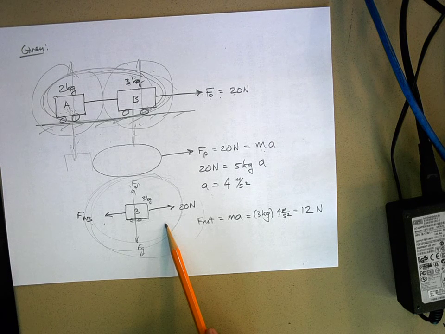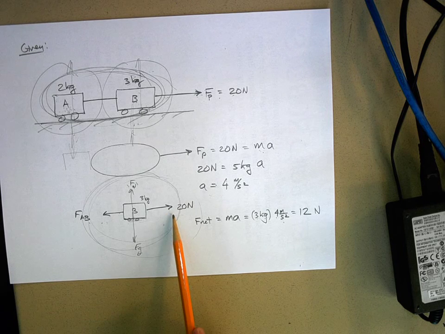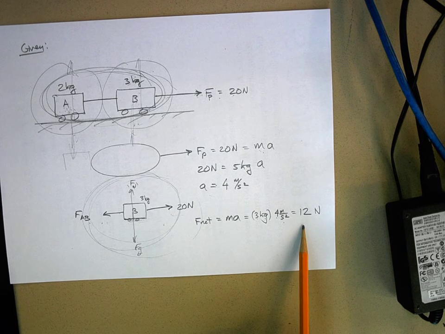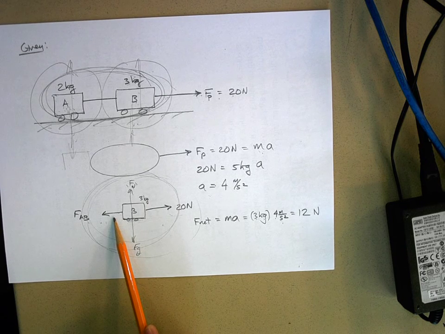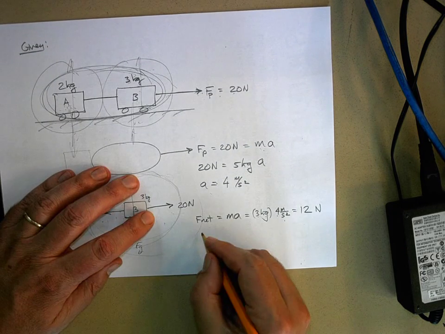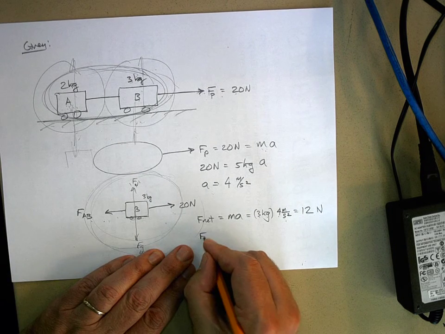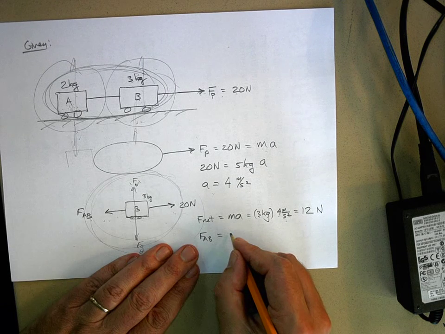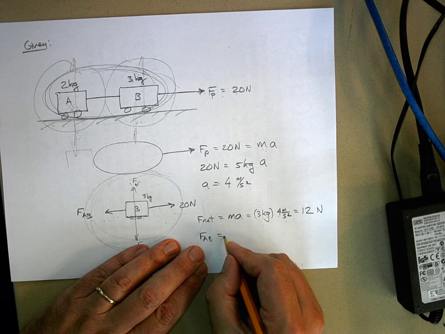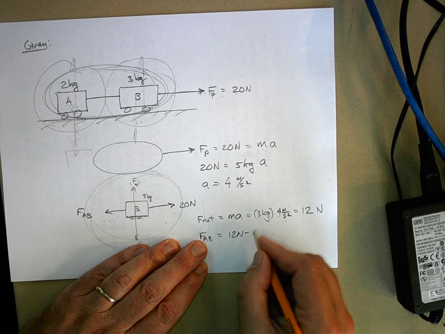So what does this force have to be? If this is 20 and I want 12 to the right, what does this have to be? 8 newtons to the left. So the force of A on B is 12 newtons minus the 20 newtons equals negative 8.